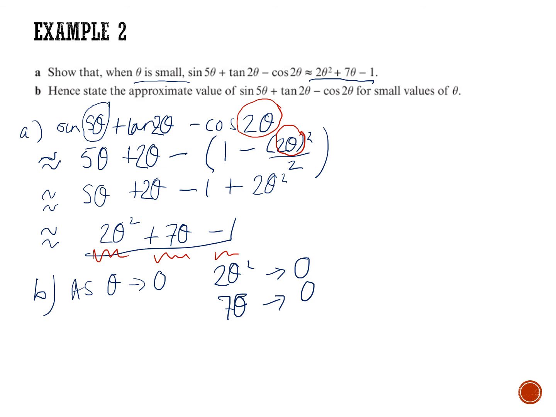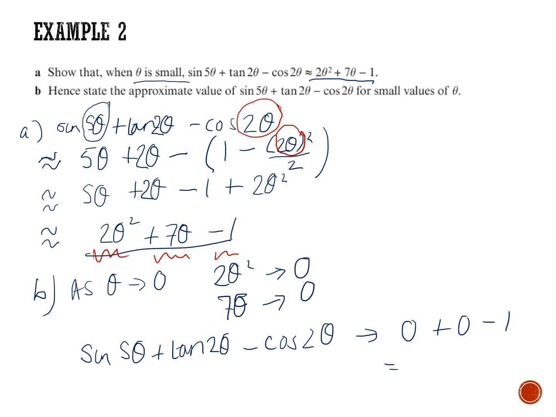So that whole expression of sine 5 theta plus tan 2 theta, sorry, I almost did it again, minus cos 2 theta, that's going to tend to 0 plus 0 minus 1, so that's going to tend to minus 1. So that's our answer.